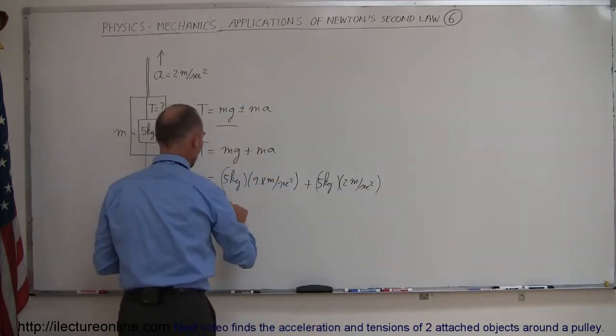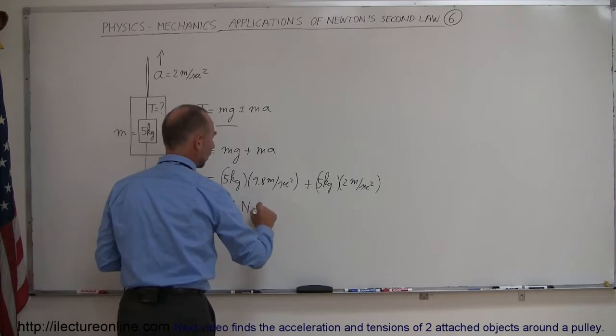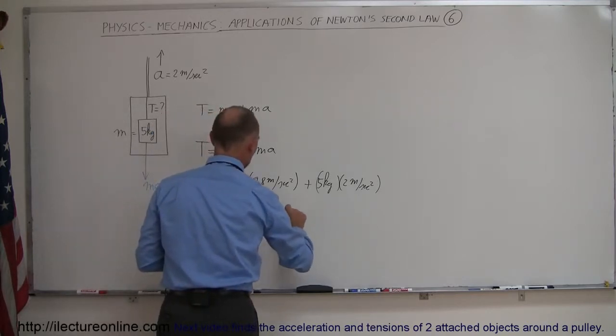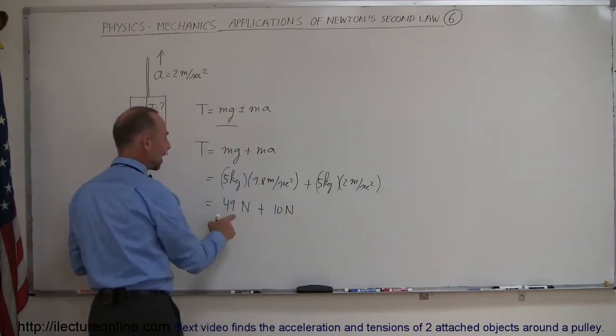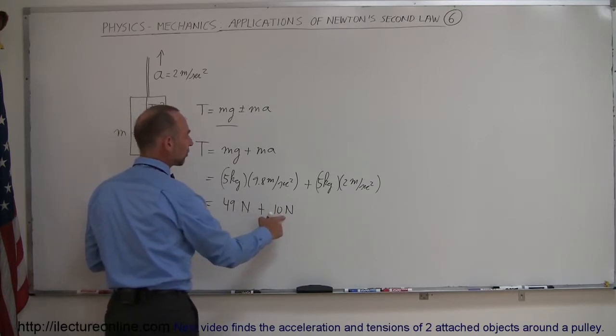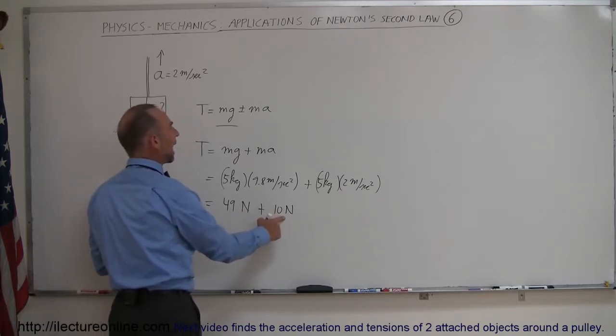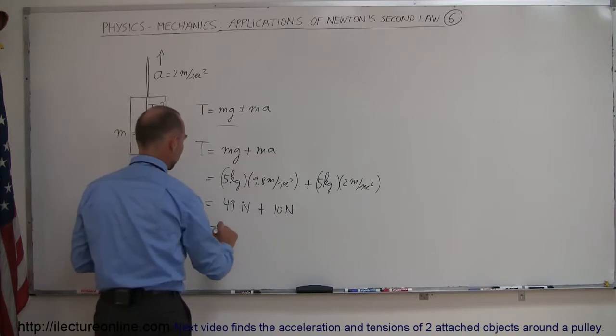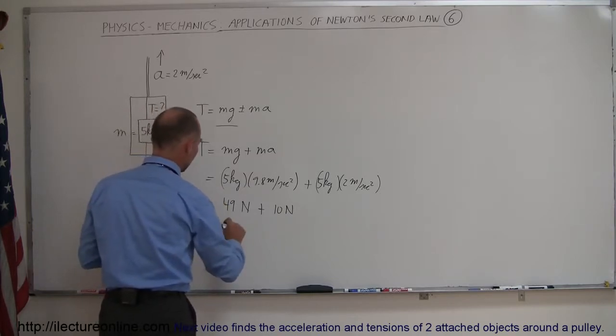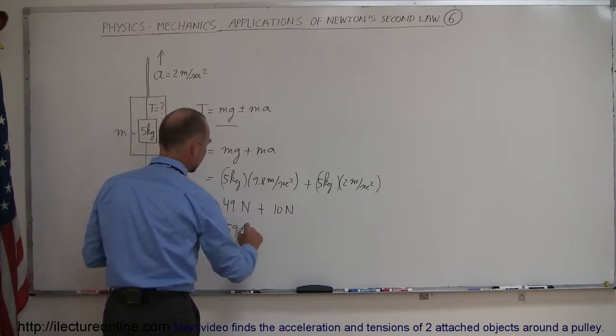So that would be 49 newtons plus 10 newtons. So this is the weight of the object, and this is the force required to accelerate a 5 kilogram object at 2 meters per second squared, for a total force required, or a total tension, of 59 newtons.